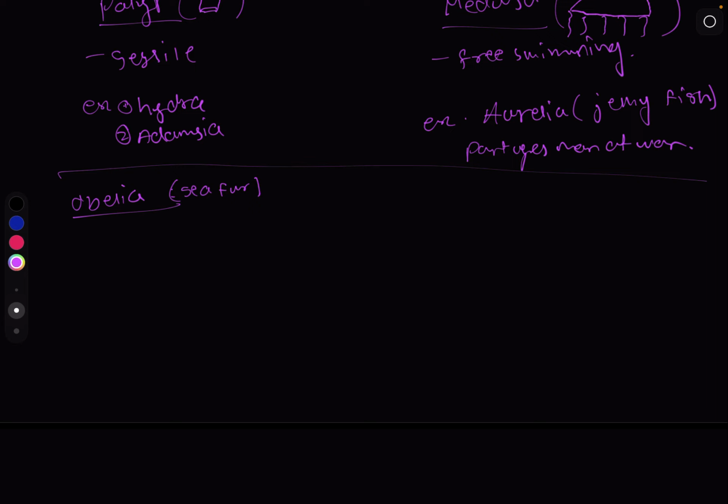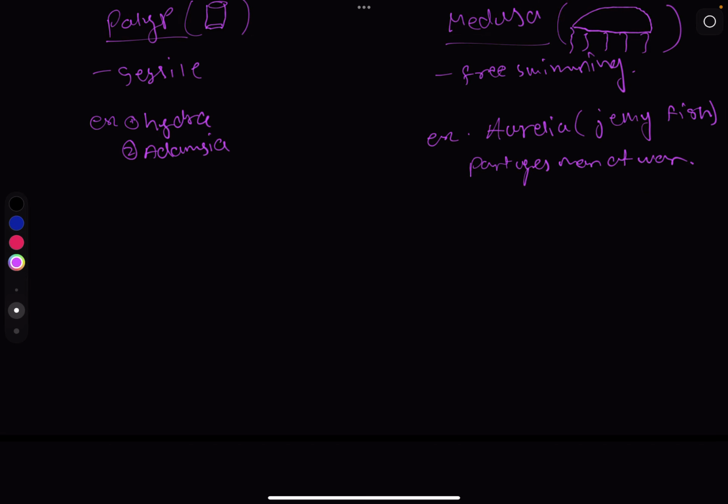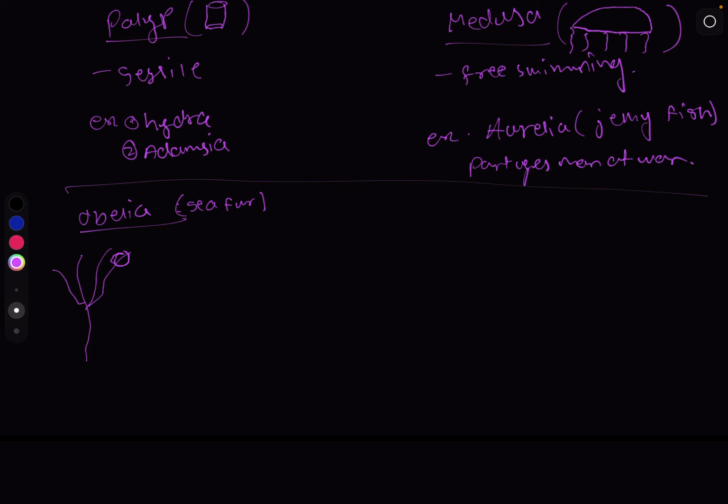When it is in the polyp phase, it is in this kind of form, and it creates buds asexually, which then turn into jellyfish. And these jellyfish reproduce sexually in order to form the polyp again. So this is polyp and this is medusa.